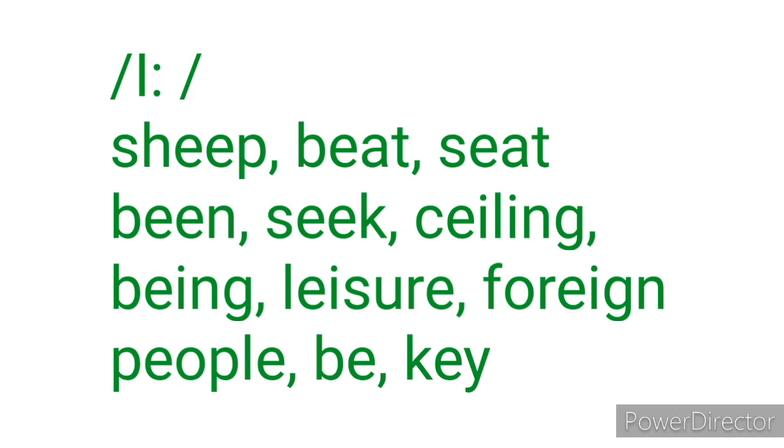You also find this sound in words that have EI that are being pronounced as E. For example, the EI in ceiling is pronounced as E, but the EI in fain is not pronounced as E. So the tip is for EIs that are being pronounced as E. Examples of words that have EIs that are being pronounced as E, which is the long E, are ceiling, being, leisure, foreign.